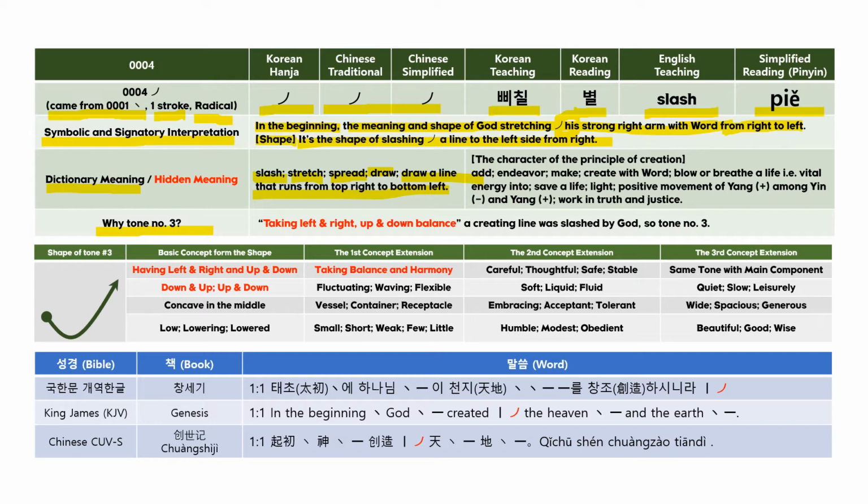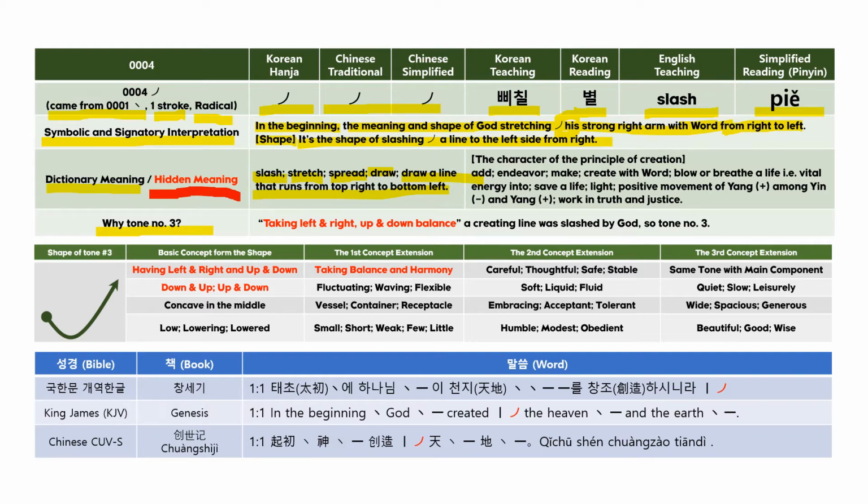But as I said, hidden meanings are much more important. You need to remember, because we are going to use hidden meanings to interpret all the more complicated Chinese characters originated by Korean ancestors, Dongyi.